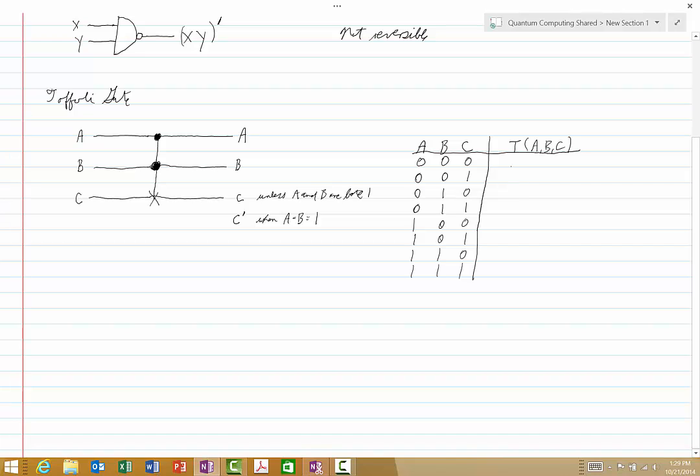Now, please understand that when I write down A, B here, actually I'll do it like this, just to make sure it's clear.